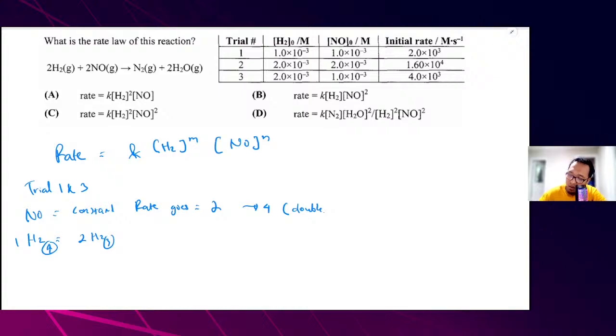So the rate 3 divided by rate 1 is 4 divided by 2, which is 2. And how about the H2?